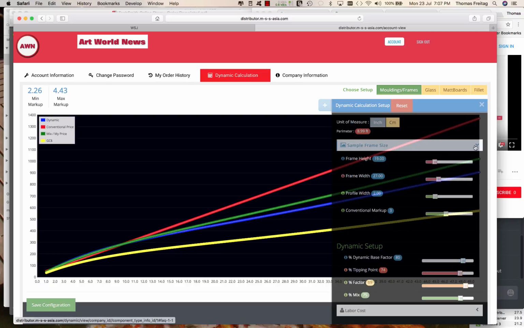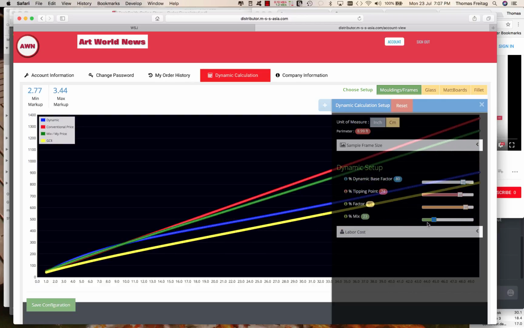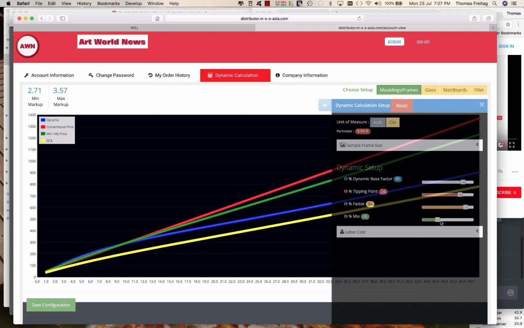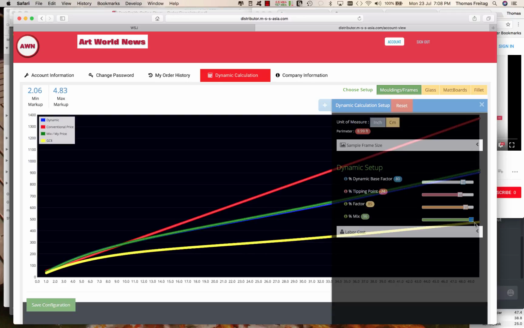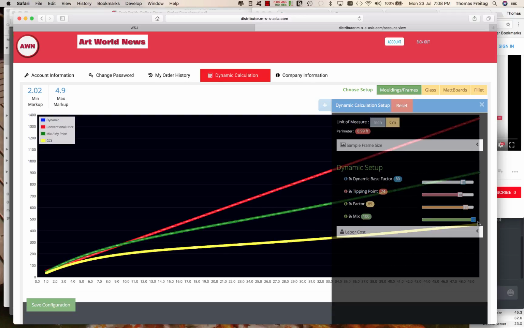After we have set up our sample frame, 19 by 27 inch, profile 2 inch, conventional markup 3, we now set up our very own dynamic calculation. The bottom green slider shows you your individual calculated price for the sample frame we set up before, depending on the molding price.